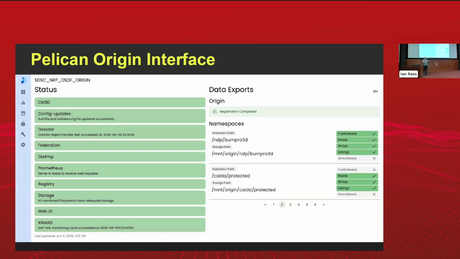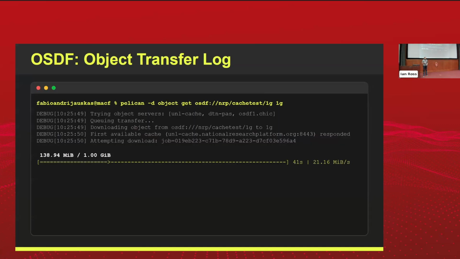What's the problem? You can debug this way better than just looking at logs and trying to figure it out on your side. The admin can literally check and say, okay, everything's green or everything's red. It's way easier to figure out what's going on if something is not working. Especially now that we have the director, where you can see if the cache or origin is healthy or not. That helps a lot in keeping the federation working, and it's very, very helpful to everyone.